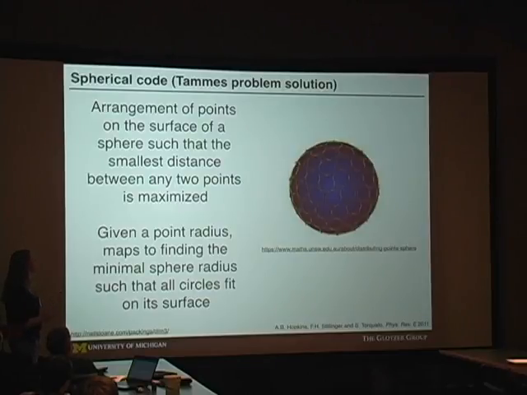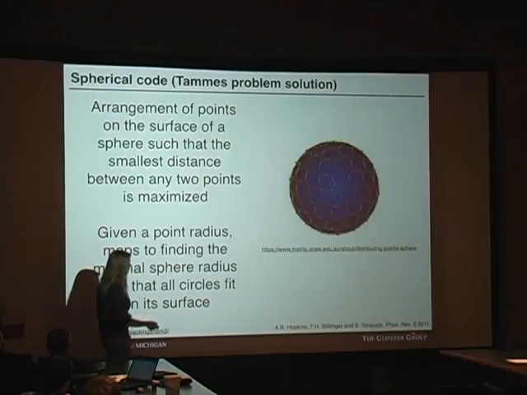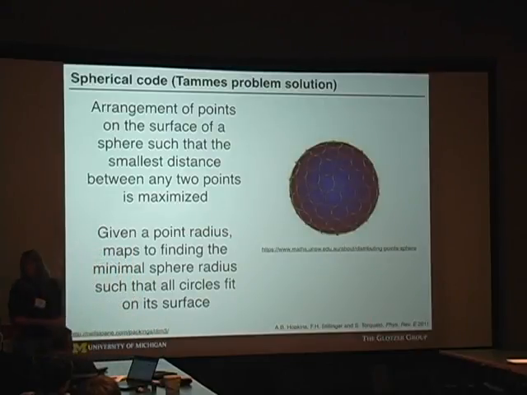Given a certain number of circles that you want to decorate a sphere with, you're finding the densest configuration of circles on the surface of the sphere. These are called spherical code solutions. I want to give credit to a Torquato paper in 2011 that discussed the relationship between spherical code solutions and local dense packing of spheres, which inspired us.